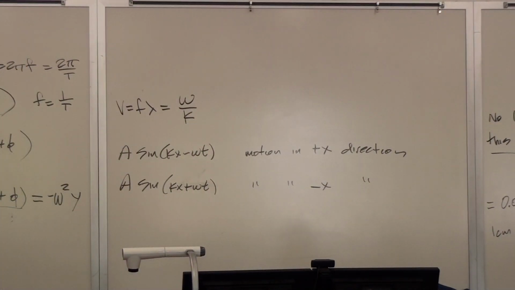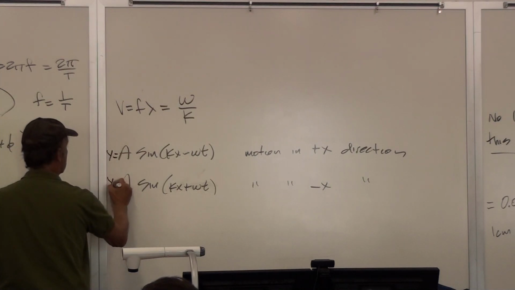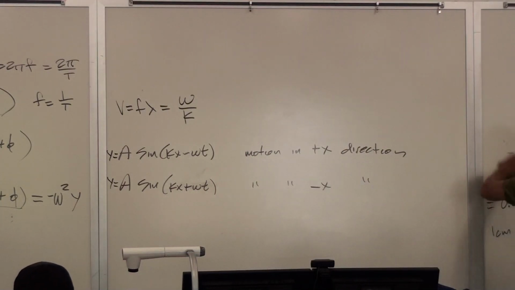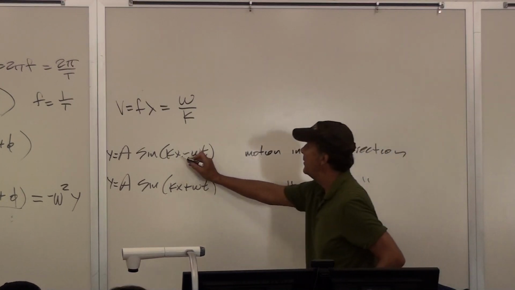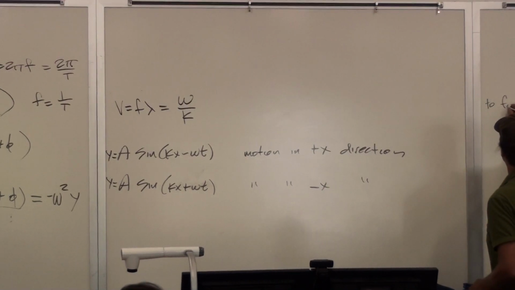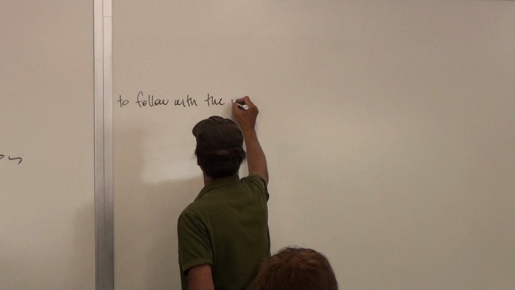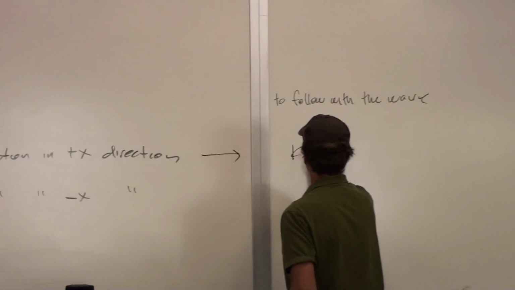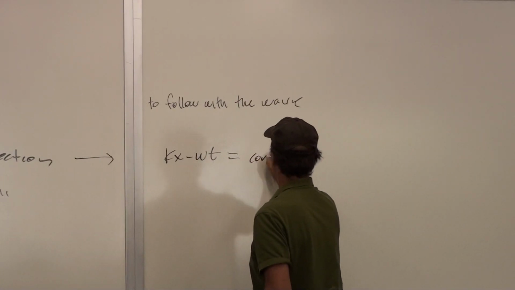Why is that? Well, again, if we write an expression for what would happen if we keep the phase constant, and so to follow with the wave, in the top situation, we have kx minus omega t is equal to a constant.